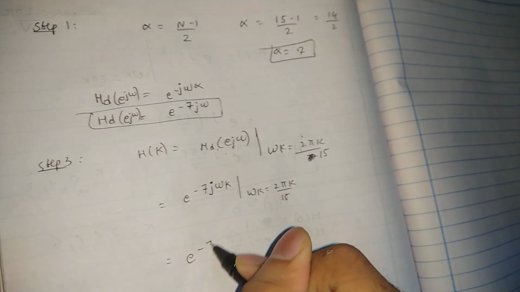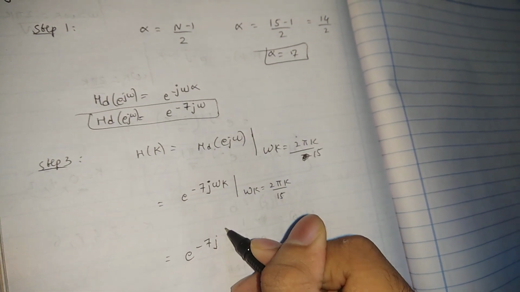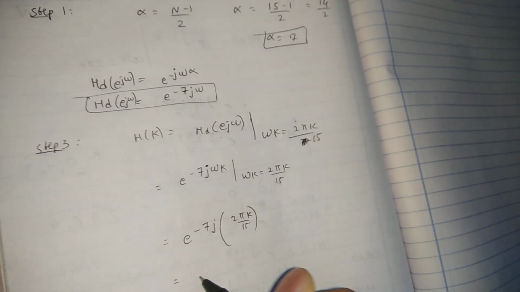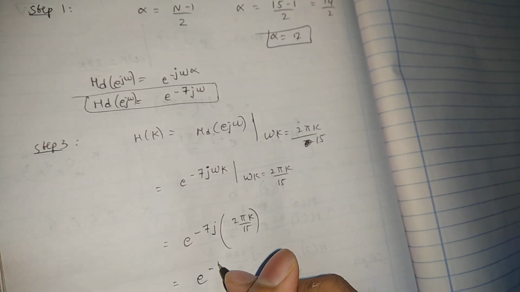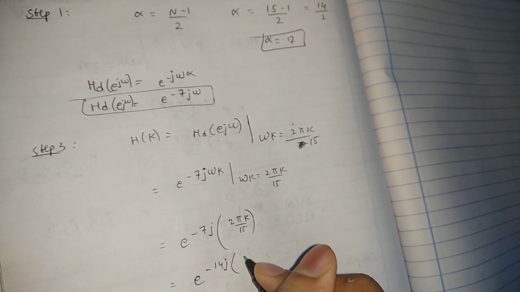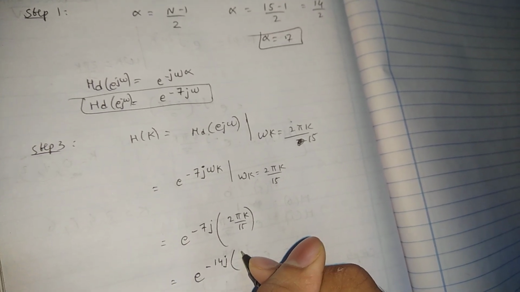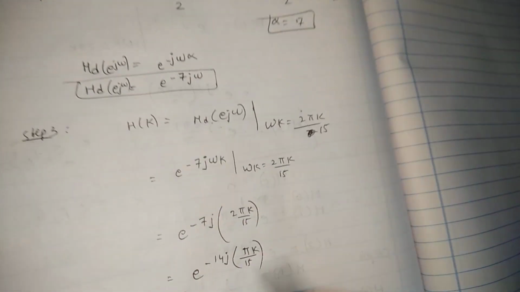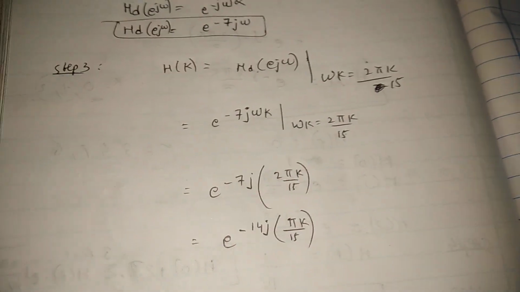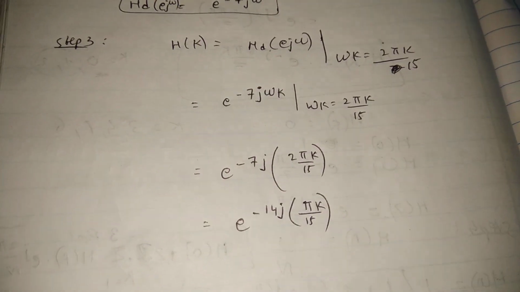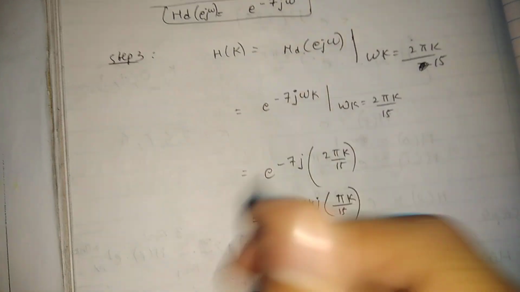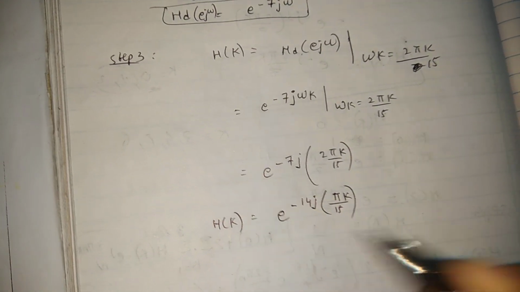We will substitute it. 7 times 2 is 14, so minus 14j pi k upon 15. This will come, and this is our H of k.